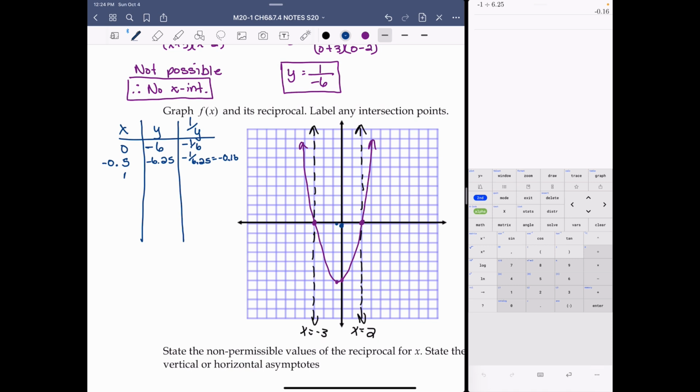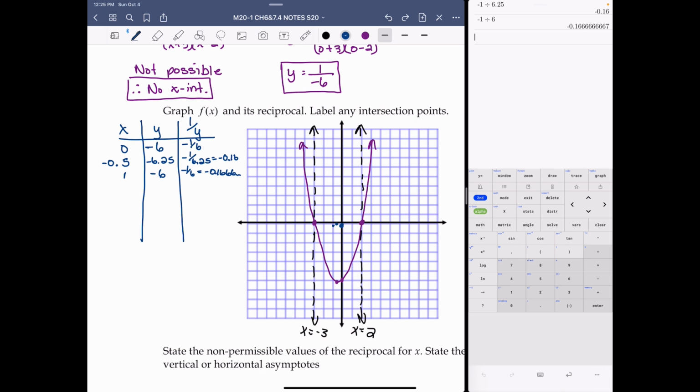The original function would have the same value as the y-intercept, which was -6, and on our reciprocal function it would be -1 over 6. Let's find the decimal value of that. -0.1666. Okay, so a little bit lower than that -0.5 point.